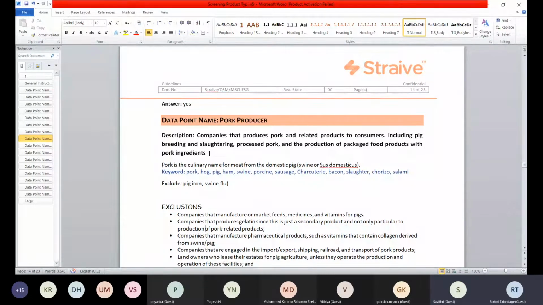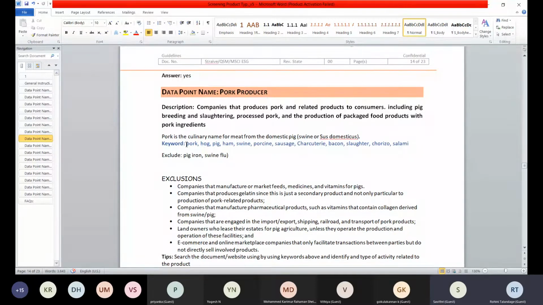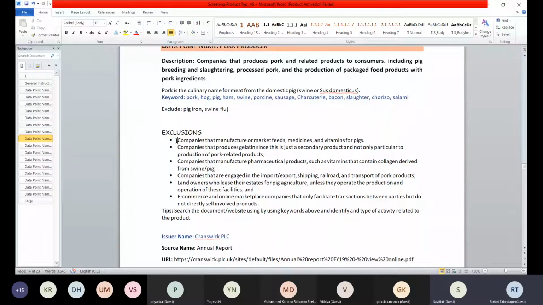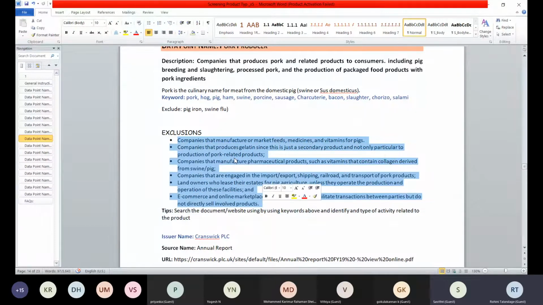For the pork retailer, we used to check for the retailer. Now for the pork producer, we have to check for the producer. So for this, we have the same keywords, but we need to check whether they are the producer of it or not. And for this also we have some exclusions, like companies that manufacture or market feeds, medicines and vitamins for pigs.